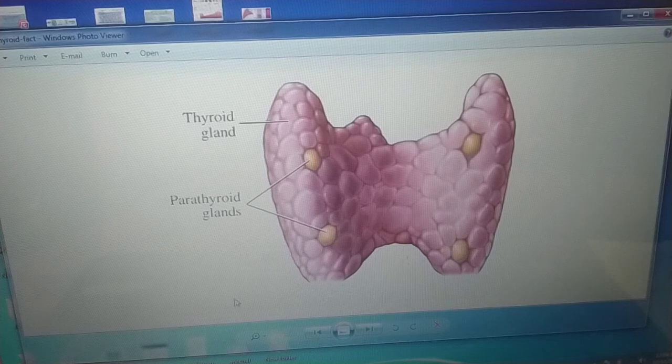Now we can discuss parathyroid disorders. Hypoparathyroidism is one of the conditions, also called the deficiency disorder, a deficiency of the parathyroid hormone.